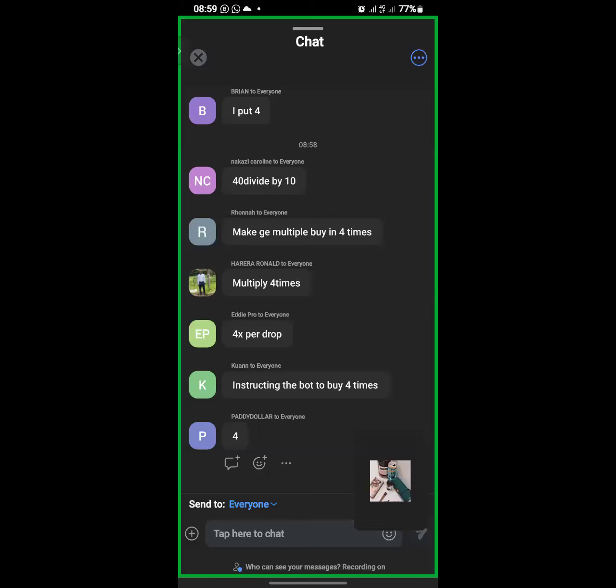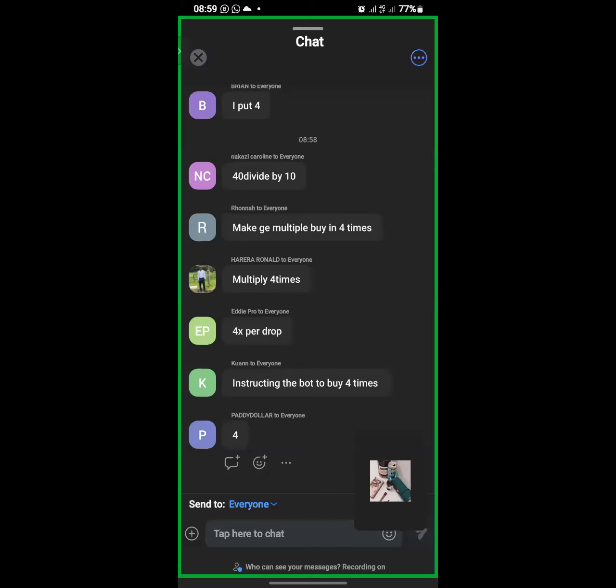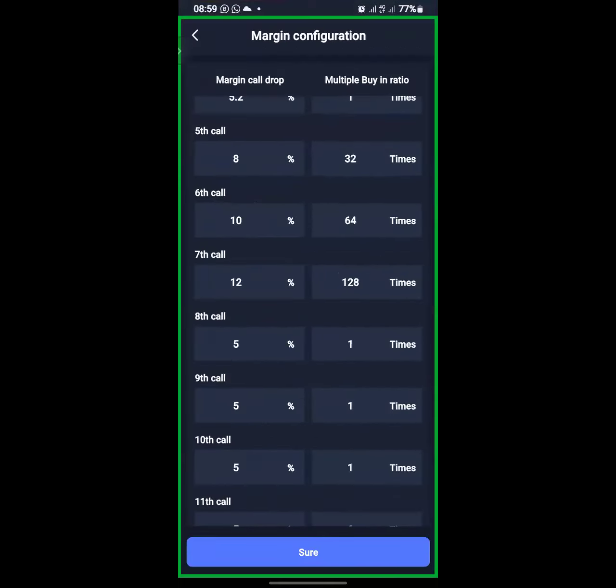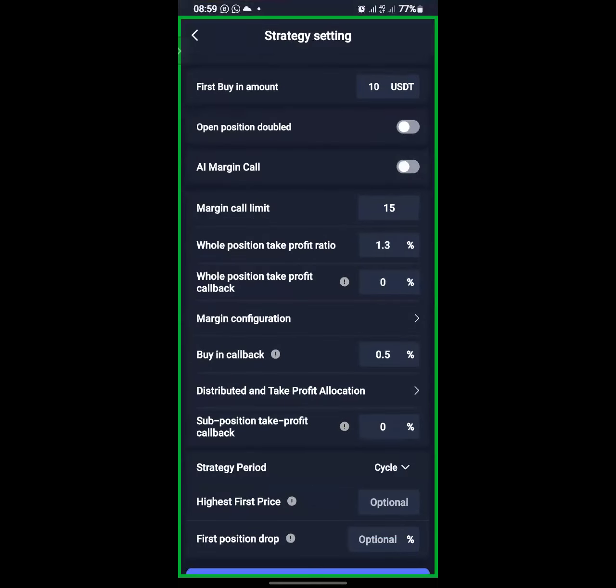Many people, if you have good capital, you'll be confused, because 10 is very simple. If I make 13 as my first buying amount, do you know how many times? So this is the best way to do it. You just get your first buying amount, that is 10.